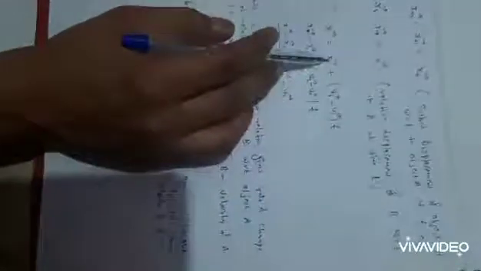Now here we have vA, the velocity of object A, that is 60 km per hour, and the velocity of object B is 10 meter per second. Their units are different, so we have to change the unit of object A. So 60 multiplied by 1000 upon 60 multiplied by 60, that is meter per second.